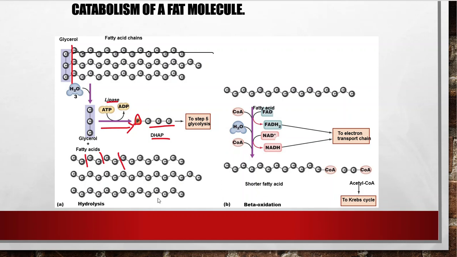So there's the hydrolysis. Beta oxidation, well, there it is. We're just cutting these guys into 2 carbon chains, and I think that's everything I really want to say about that.